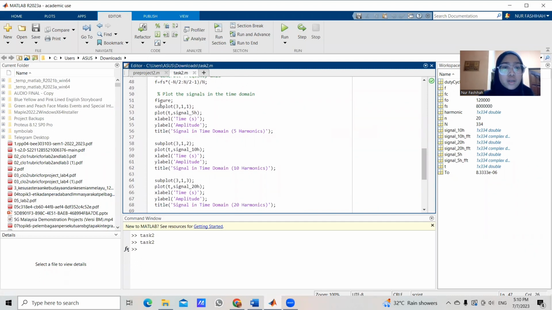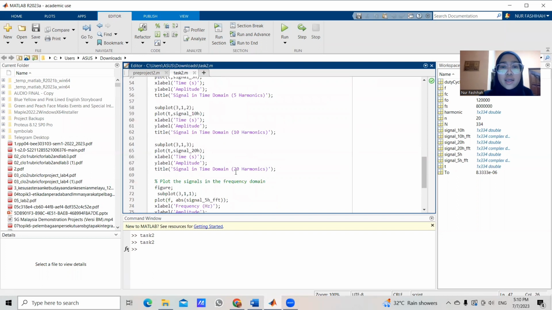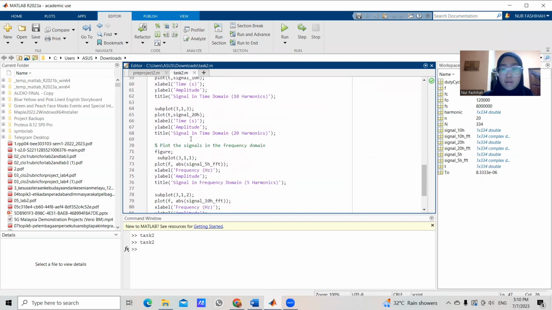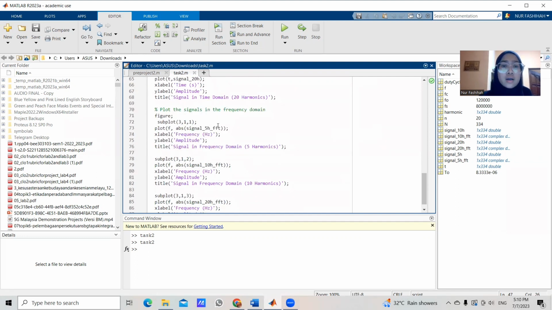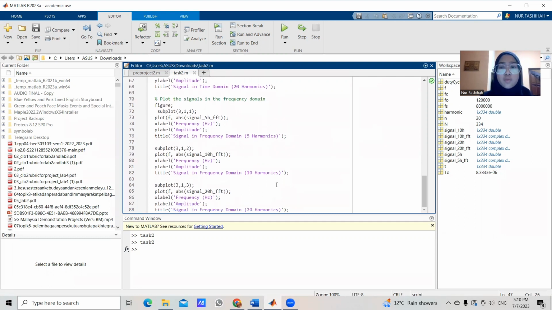This is our coding. For the plot, we need time, amplitude, and signal in time domain 5 harmonics, 10 harmonics, and 20 harmonics. After that, plot the signal in frequency domain. We need to mention frequency, amplitude, and signal in frequency domain 5 harmonics, 10 harmonics, and 20 harmonics.